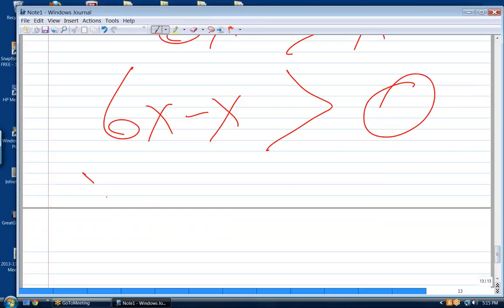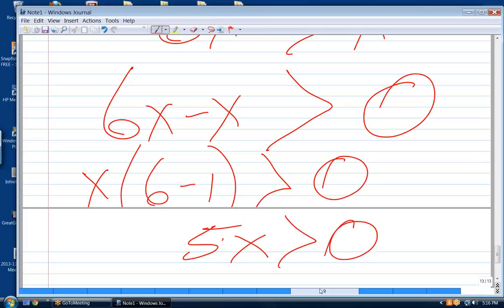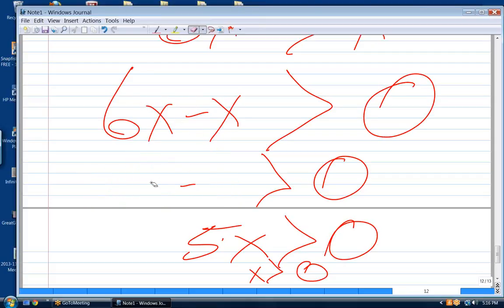Now factor out the x, and I have 5x is greater than 0. So x has to be greater than 0. I didn't need to go through this. 6x minus x is 5x. So I could have just said 5x right away.